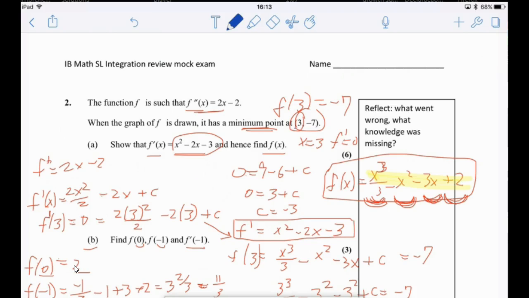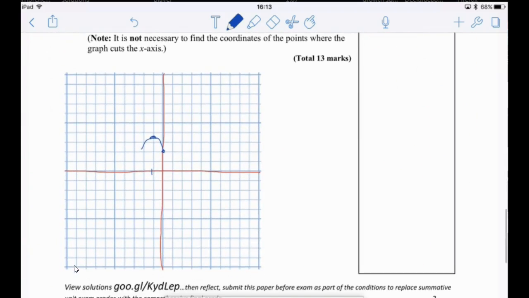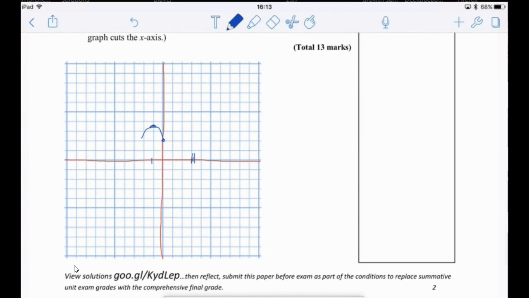They said that one of the points is 3, negative 7. So why don't we graph that point too? Not only did they give us 3, negative 7, but they told us that 3, negative 7 is a minimum. So we can also make that a minimum. Now we just connect everything. So it's going to look kind of like this, and kind of like this.